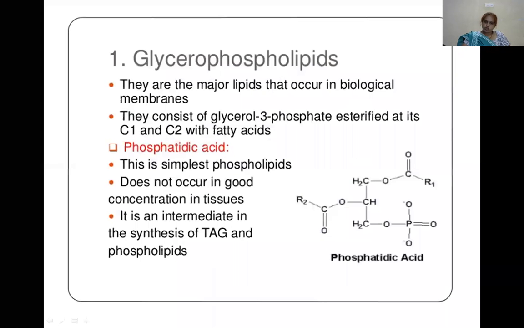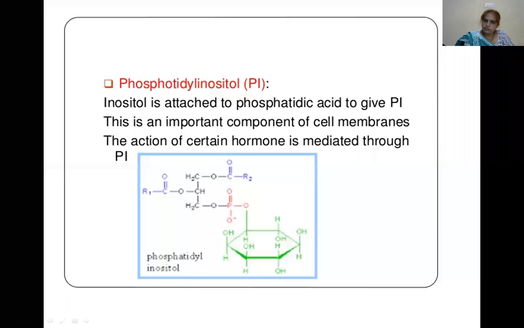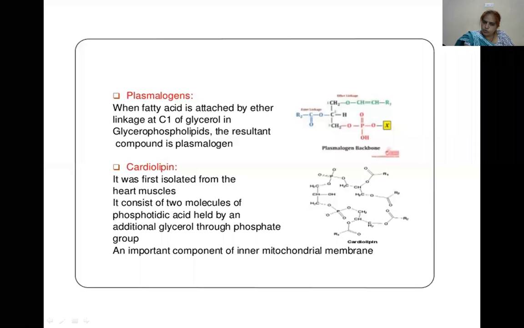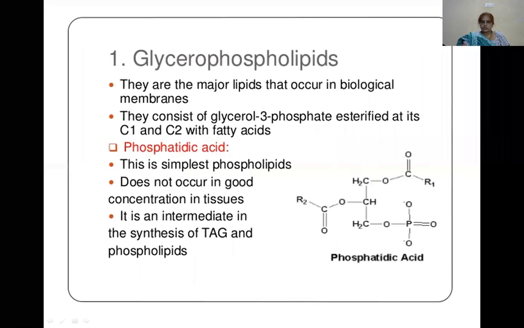The glycerophospholipids include phosphatidic acid, lecithin, cephalins, phosphatidylinositol, phosphatidylserine, plasmalogens, and cardiolipins. Glycerophospholipids are the major lipids present in biological membranes.